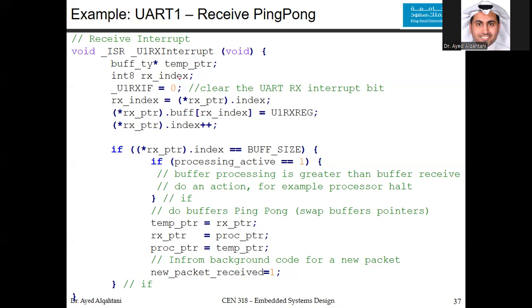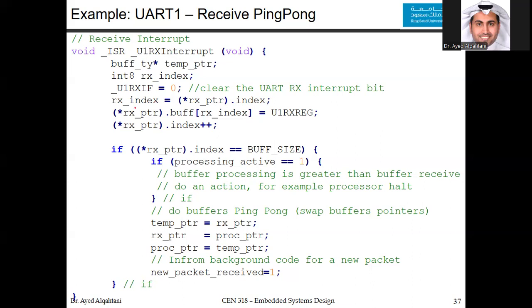The idea here is that whatever you receive, you put it in the buffer. So we define it, it's called receive index, which I make equal to the same value of the pointer index at the current time. If it is empty, the index here would actually be 0.